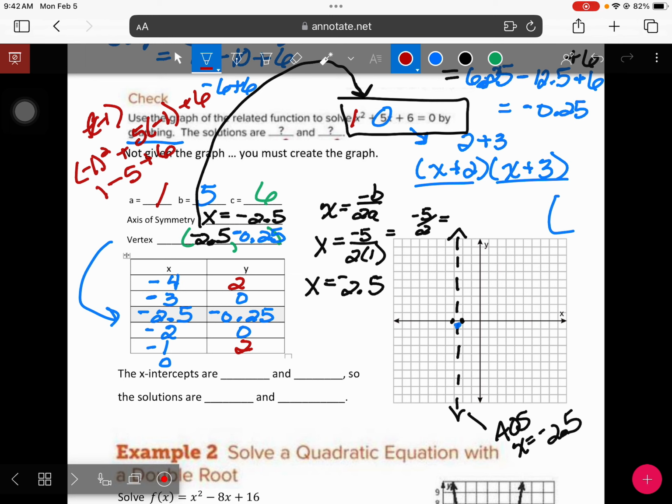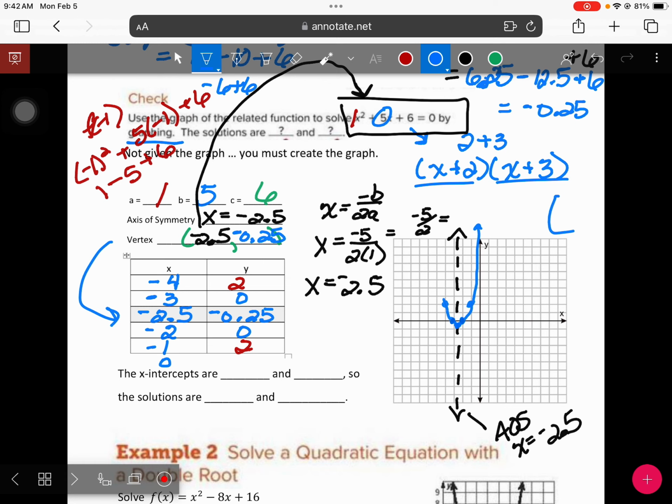So let's graph these points. Negative 3, 0 is this spot right here, which we were talking about, what are the two integers on either side of the AOS, and it would be right here. And then finally I have negative 4, 2, and negative 1, 2. So those are my 5 points.